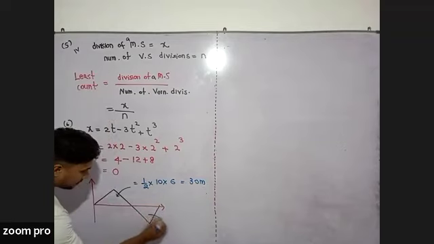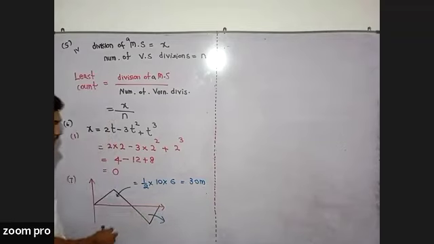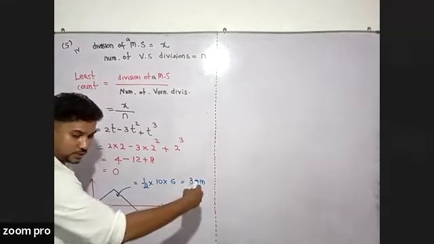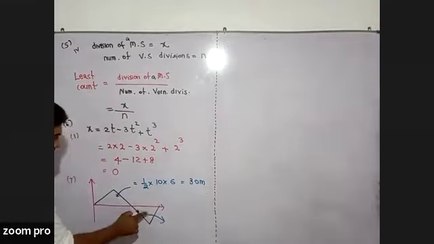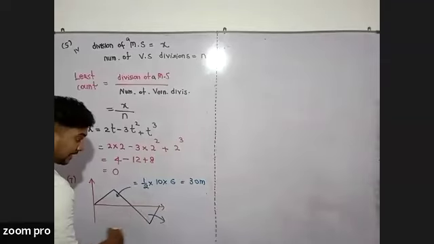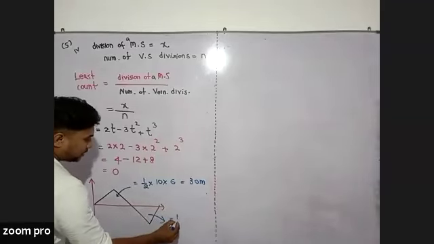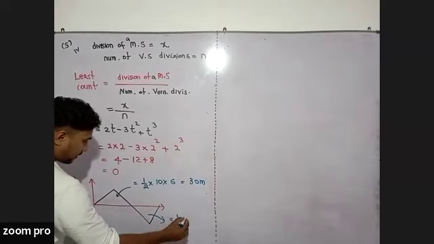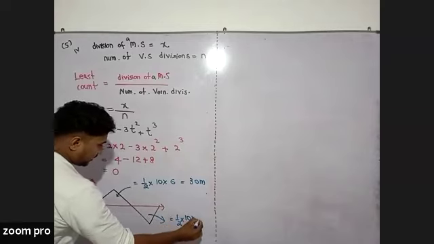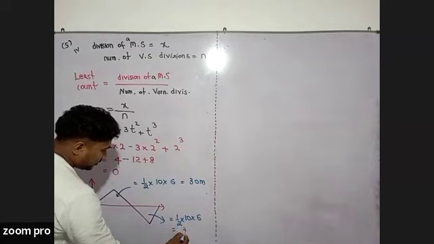This part represents the displacement towards the opposite direction, so this area should be considered a negative value. Let's find out the magnitude of this area. It is also 30.